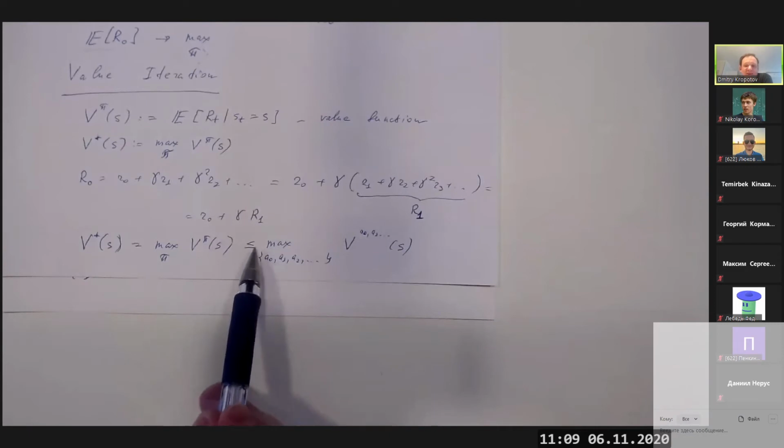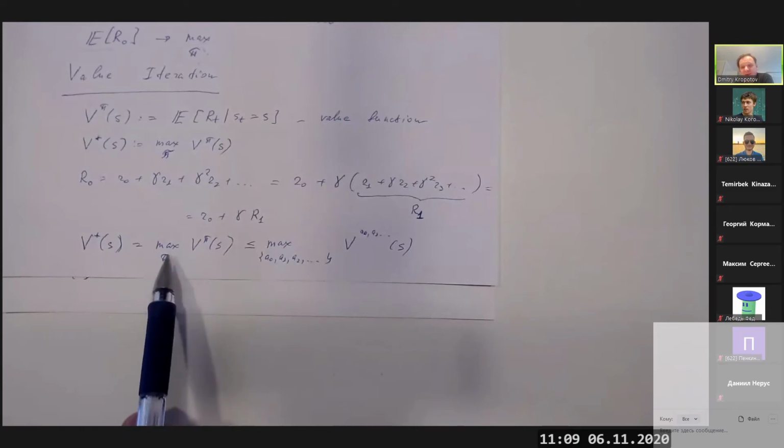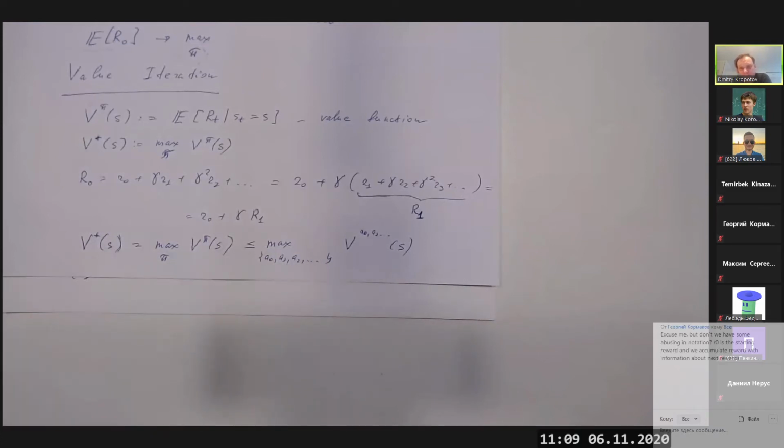Why do we have a less than or equal sign here and not just an equality sign? How do you think? Why is maximization with respect to all possible deterministic policies here actually less than or equal to this maximum? Because it can be much broader than optimization over policies. Why? Because policies constrain how they take different A's.